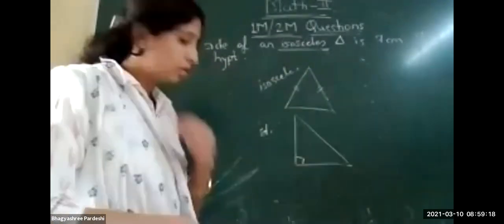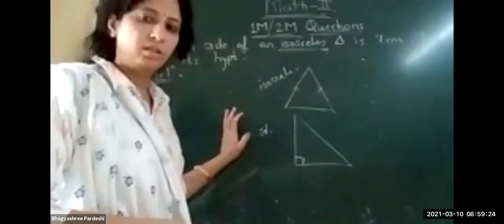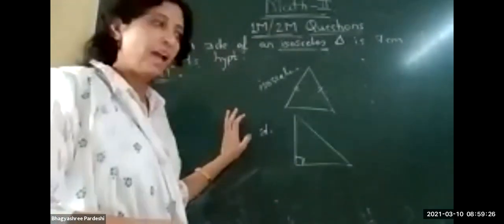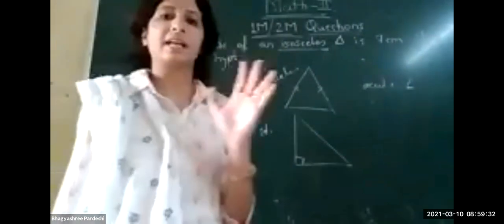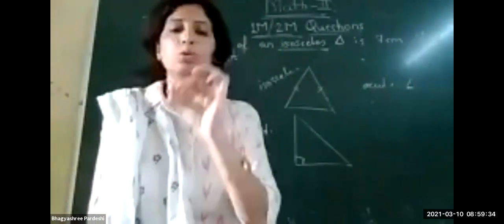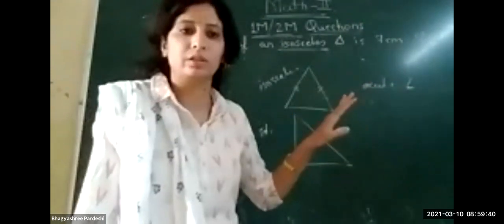Ma'am, acute triangle. We don't have an acute triangle actually. We have an acute angle, whose measure is less than 90 degrees. I'm not asking about angles, I am asking about the triangle, students.